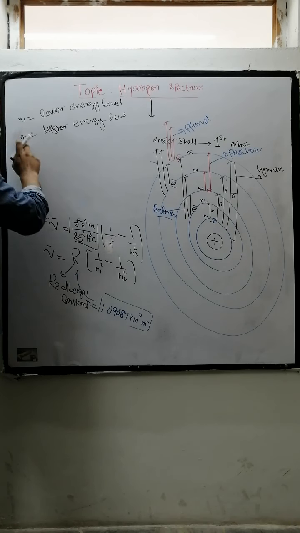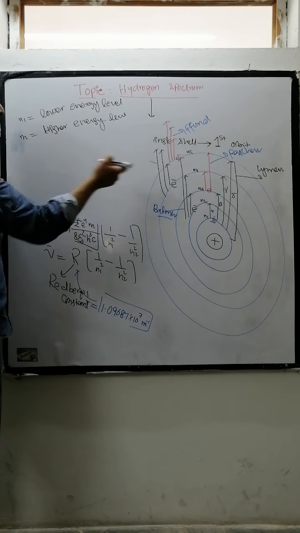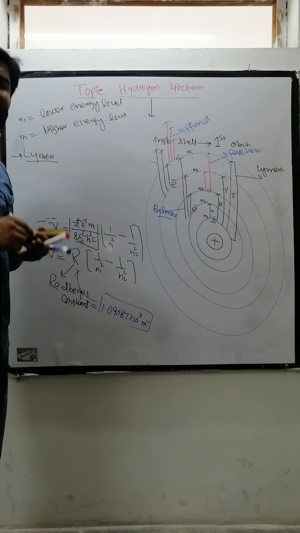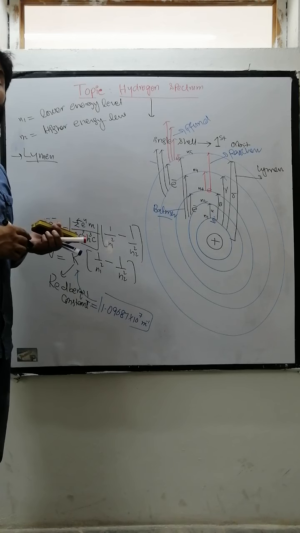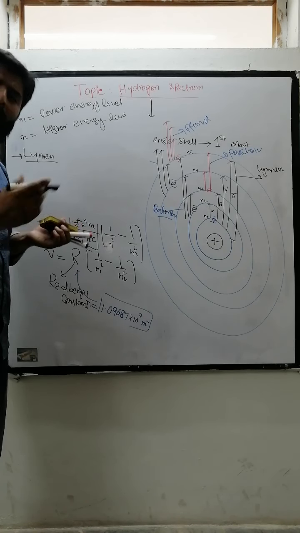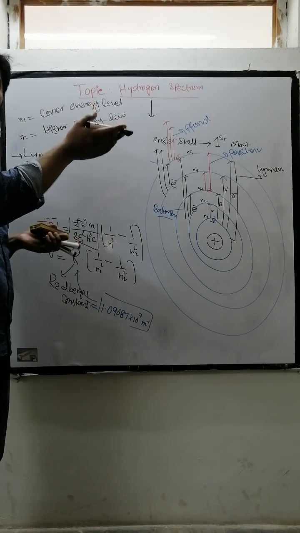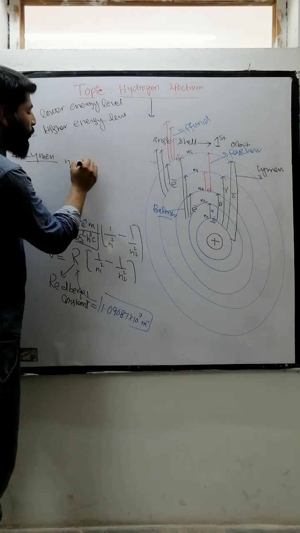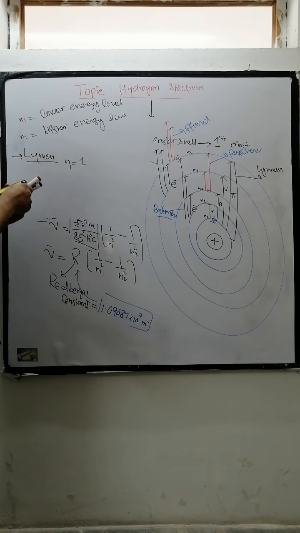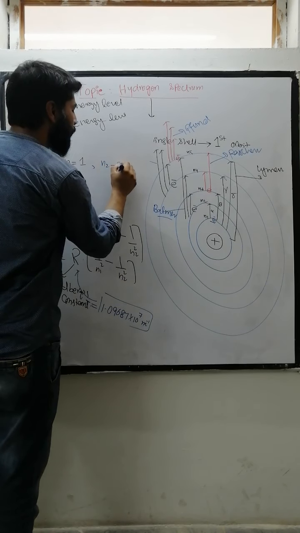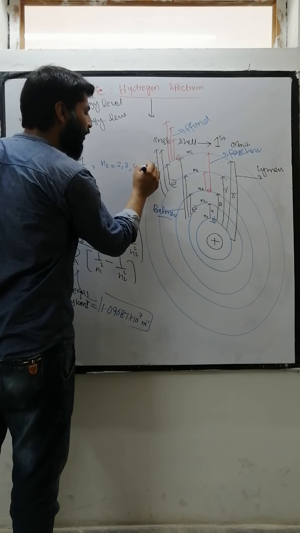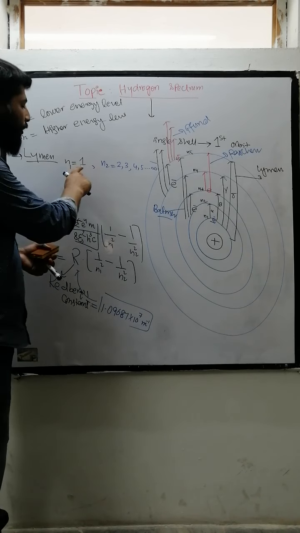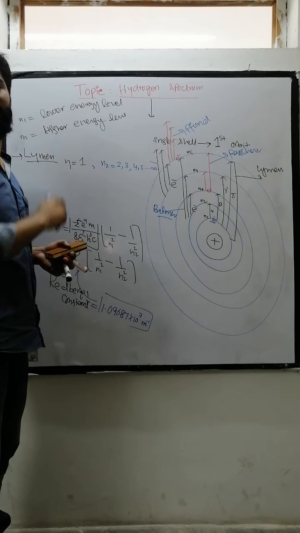First of all, for the Lyman series, the lowest possible energy level from which an electron can jump to higher levels, or to which it can be de-excited back, is n1 equal to 1, and n2 will be equal to 2, 3, 4, 5 and so on up to infinity. It means transition can occur between the first energy level and any other higher energy level.